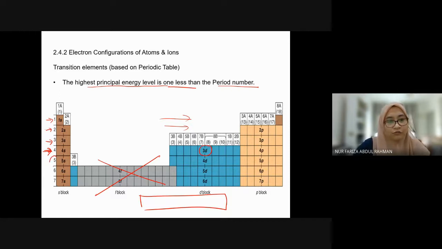If n is equal to 5, we have 4d. N is equal to 6, we have 5d. N is equal to 7, we have 6d. Again, this is the same as what we have in Aufbau: we occupy the 4s first, and then we have the d orbital.